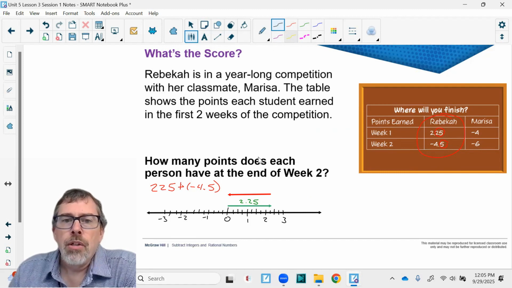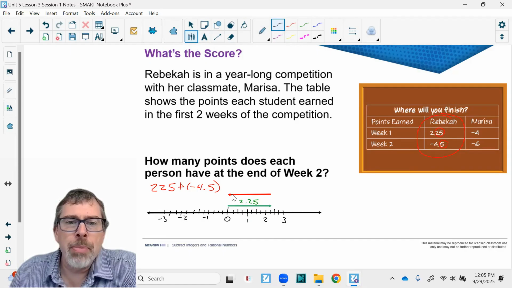Okay, so going back here is 2.25, and this would be 1.25 to here. 0 is 2.25, -1 is 1.25, -2 is 0.25, and then another quarter would be 4.5. So we're going to end up at -2.25.